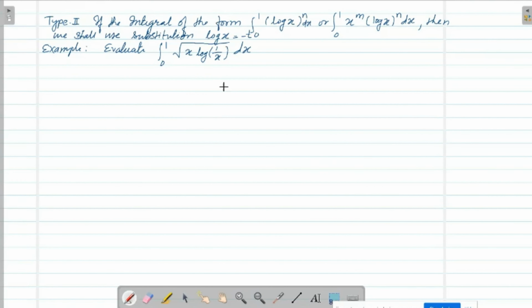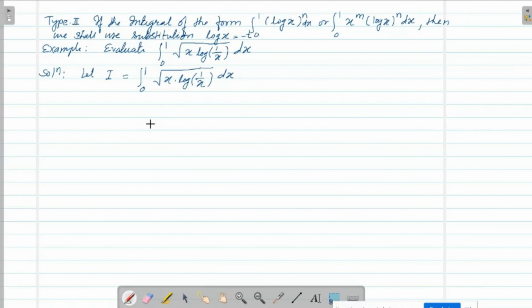We have to evaluate this integral. Let us see how. Solution. Let us first write the given integral as it is. Let I equal to integral limit 0 to 1 square root of x into log 1 by x dx, which is an integral of this type.